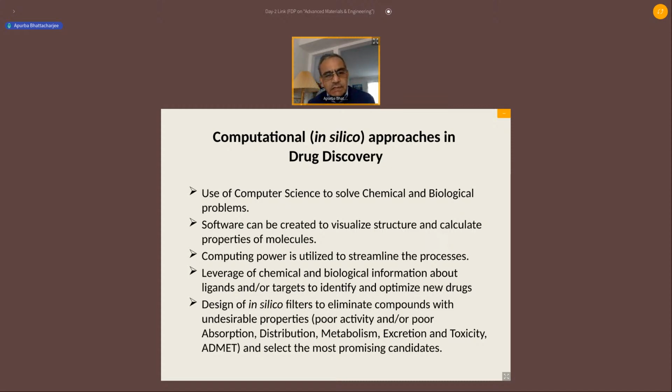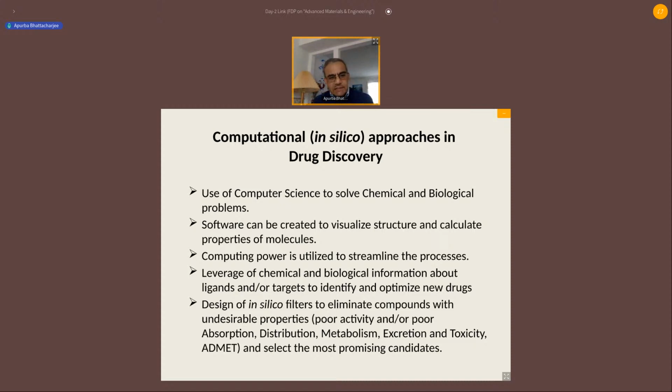And the astronomical computing power these days has really changed the picture from the early 1990s to the present time, a huge power for computers to streamline the processes. Now we can leverage the chemical and biological information about the ligands and the targets to identify and optimize the drugs.